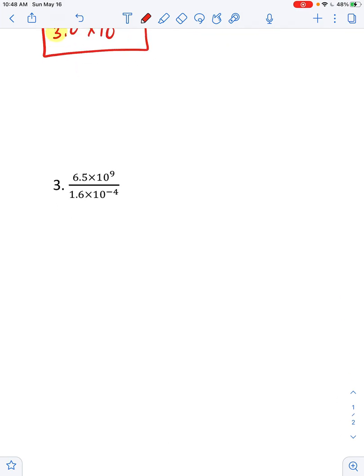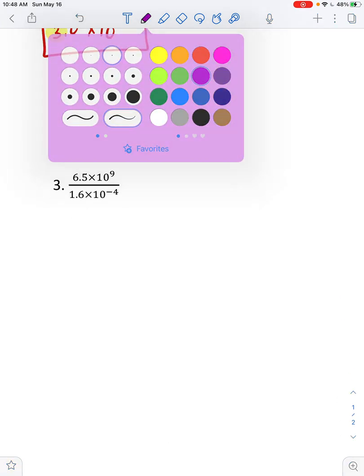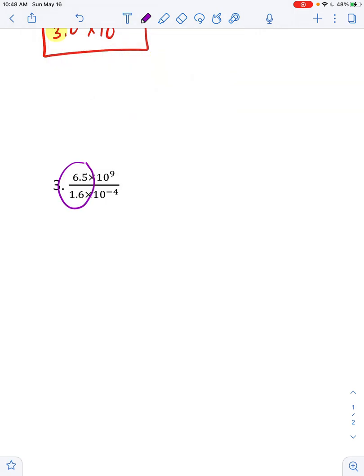And last example. So I'm going to go ahead and do the same thing. I'm going to take these numbers on my calculator, 6.5, and I'm dividing by 1.6. I'm getting 4.0625. Here, I'm going to take my top power minus the bottom power, and they won't always be negatives. It's just in these examples, it's working out that way.